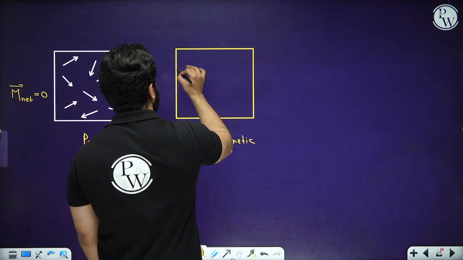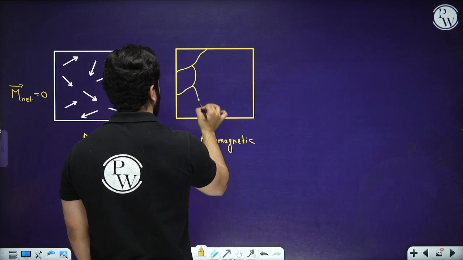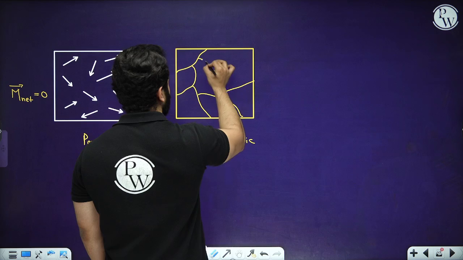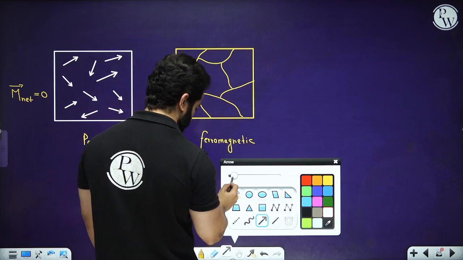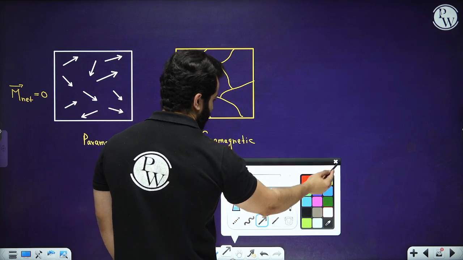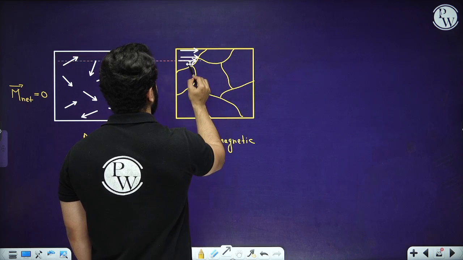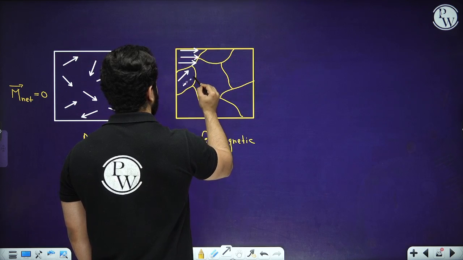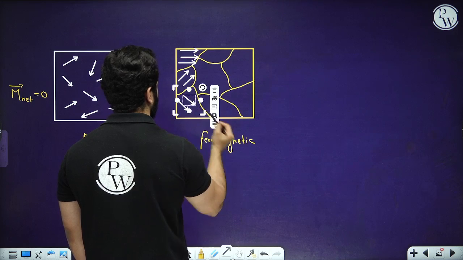The only difference is that over here we have got some things that are called domains. What are these things? These are basically some regions where magnetic moments are in one direction. Still the net magnetic moment is going to be 0. Hopefully you have understood it.